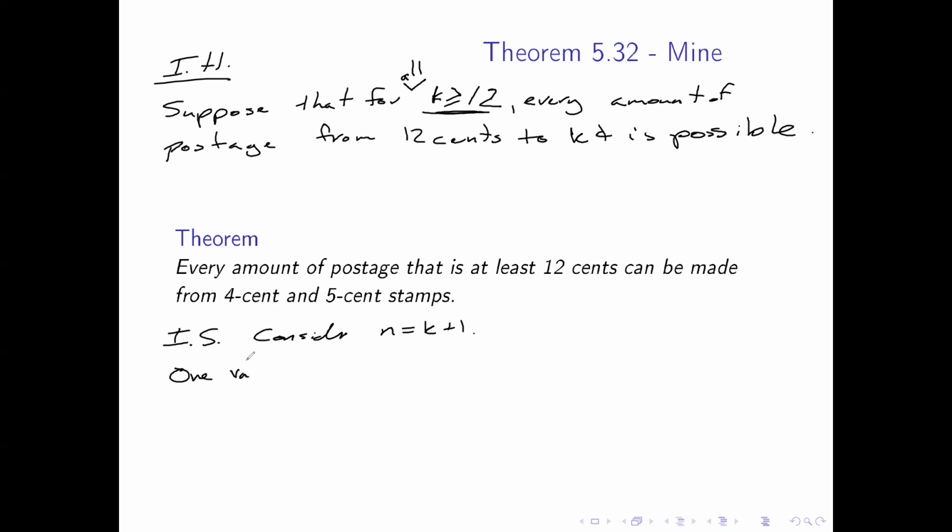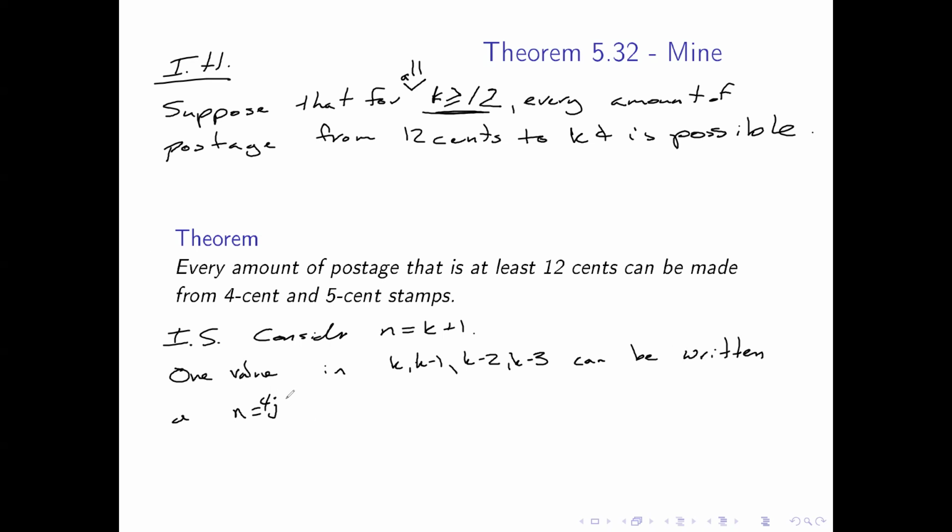One value in k, k-1, k-2, and k-3 can be written as n equals 4k plus 5j for some j.